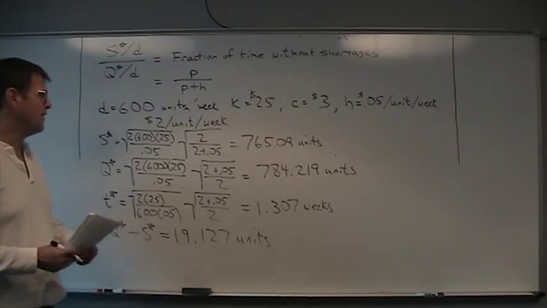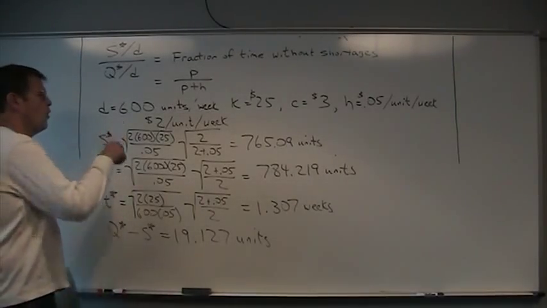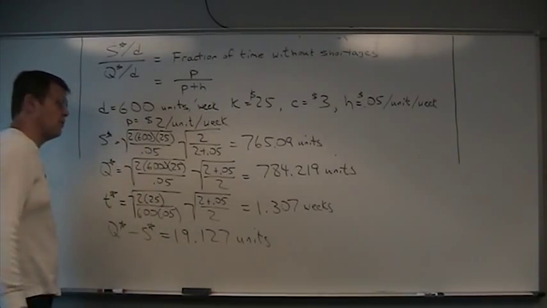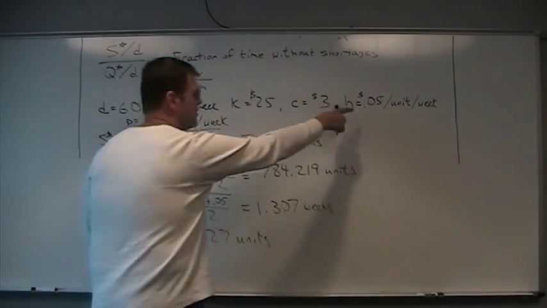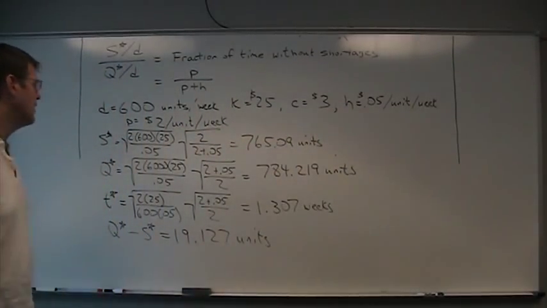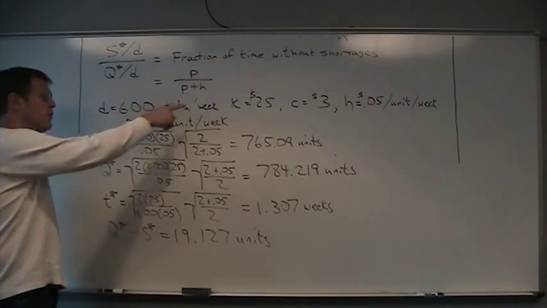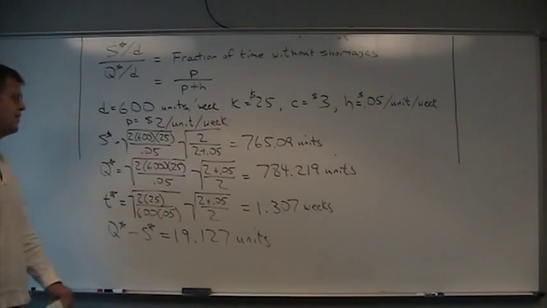And the reason that that should make sense, when you think about it, our shortage cost up here, $2 per unit per week, our holding cost is 5 cents per unit per week, so our shortage cost is 40 times the level of our holding cost, and hence it would make sense that we're not going to want many shortages, and that's what works out here. Okay.